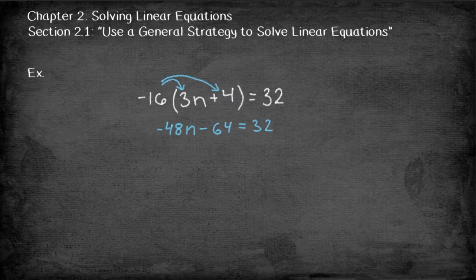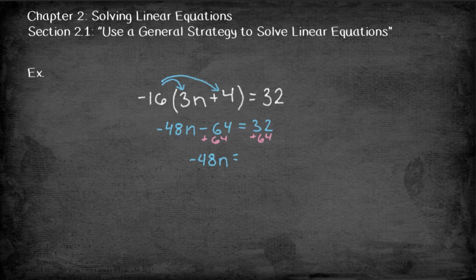All right, now the next step would be to collect all the variable terms on one side. They're already on the left-hand side, so we don't have to do anything. The step after that would be to collect all the constant terms on the other side. So what I can do is add 64 to both sides. When I add 64 to negative 64, I get 0, which means the left-hand side is just negative 48n.